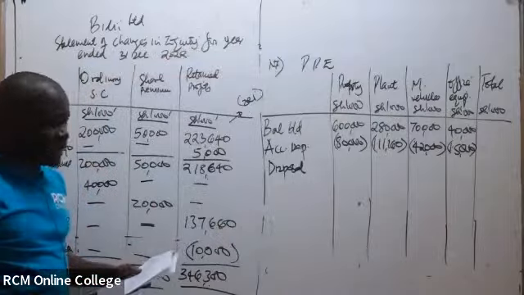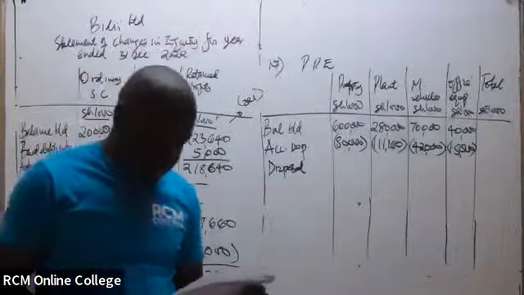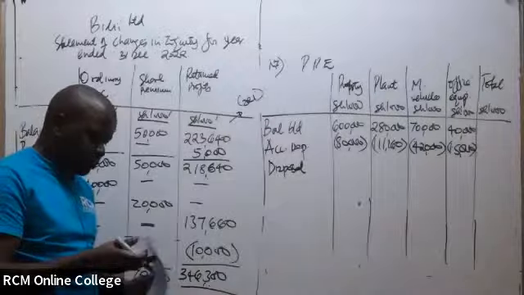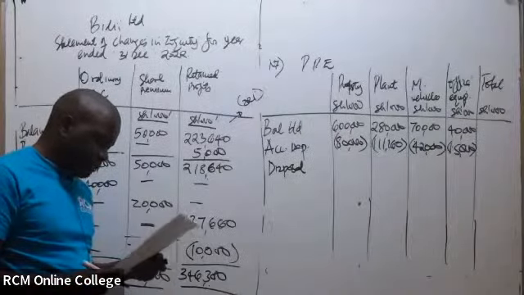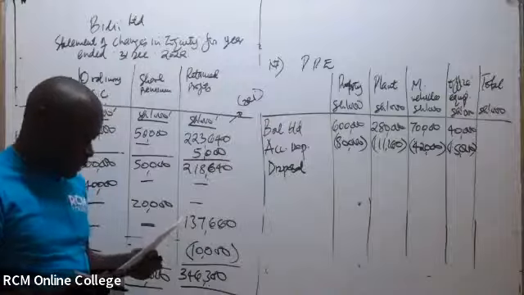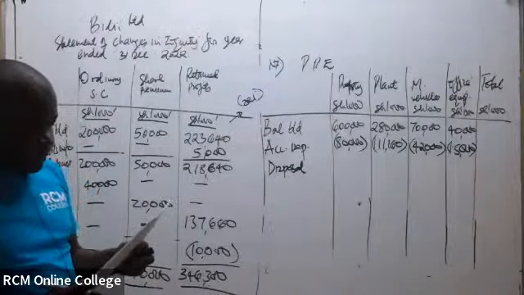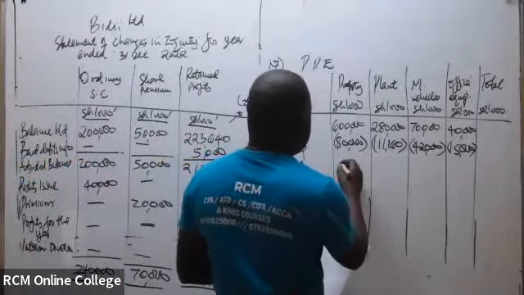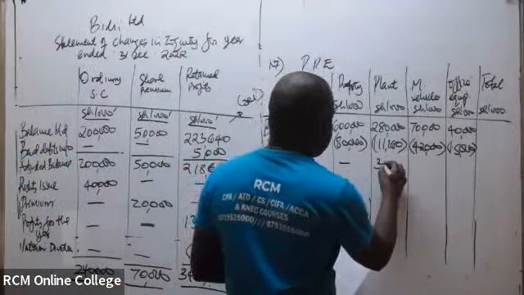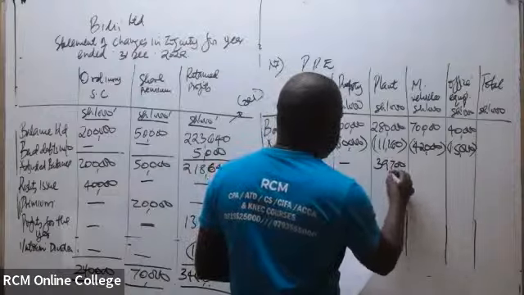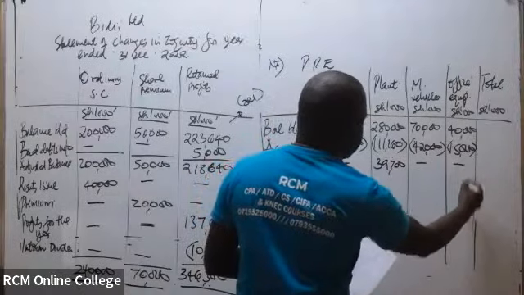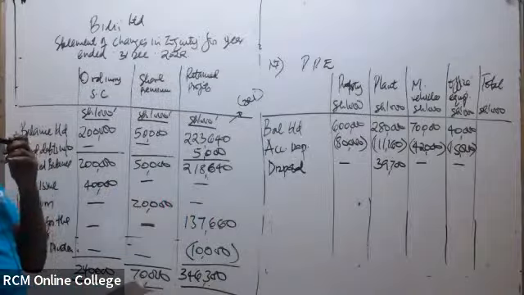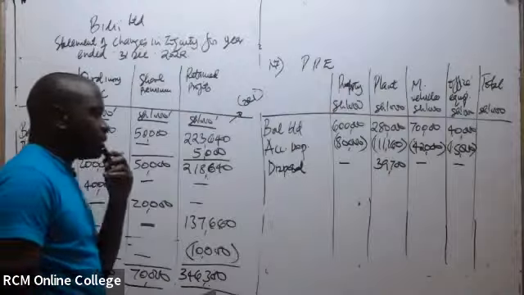There was an item of plant which was disposed of, and you are told how much it cost. The plant had a cost of 39,700,000. So that item was done what? Disposed. It was actually disposed of.